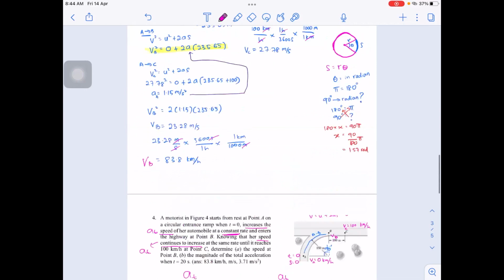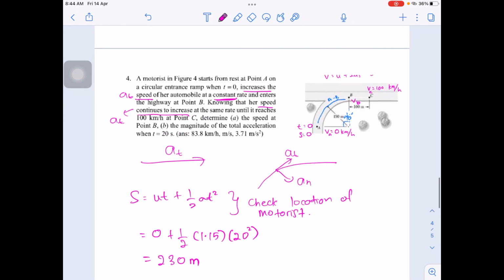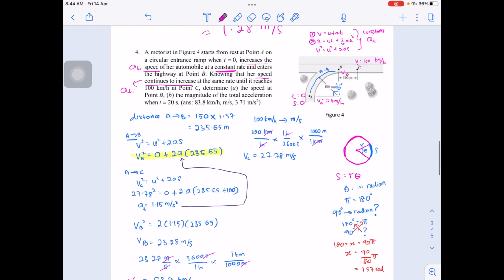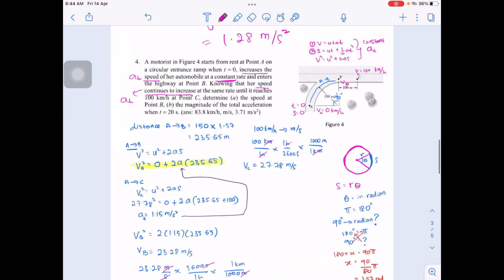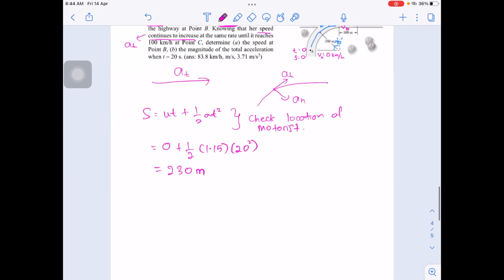So S is equals to 0 plus half, A is, as we found earlier, 1.15, times T squared, 20 squared. So half times 1.15 times 20 squared gives 230 meter. Where is 230 meter? From A to B is 235.